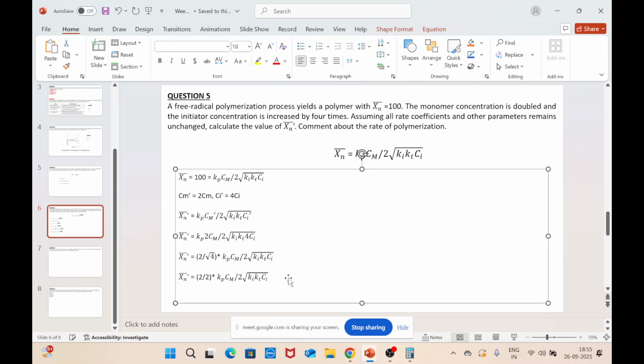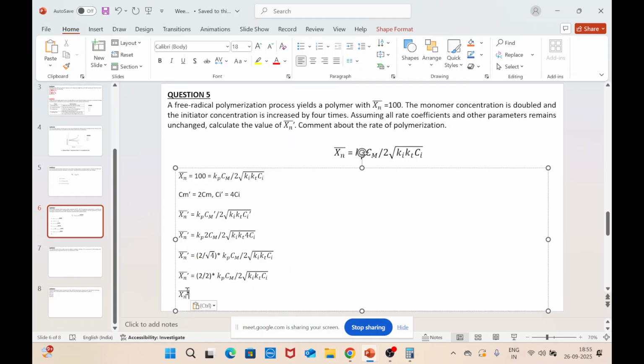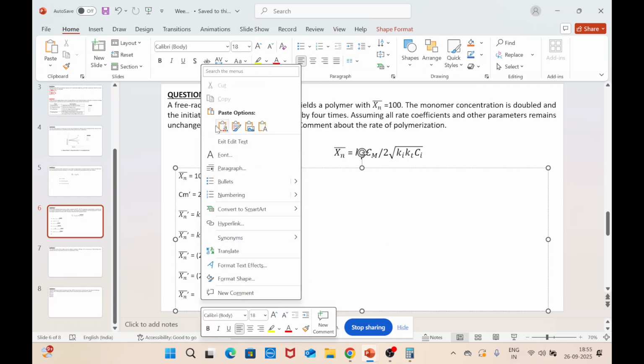So 2 by 2 is 1. So Xn dash is also going to be equal to Kp Cm by 2 root Ki Kt times Ci.